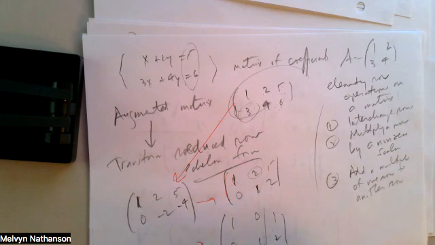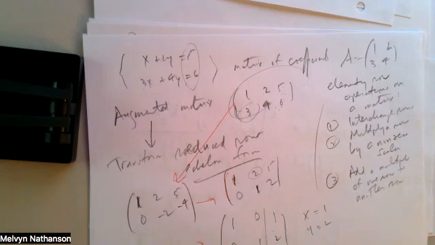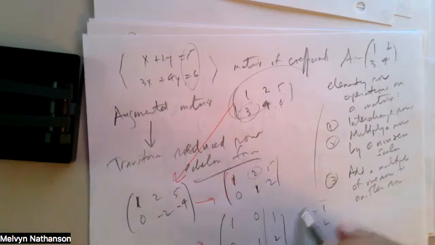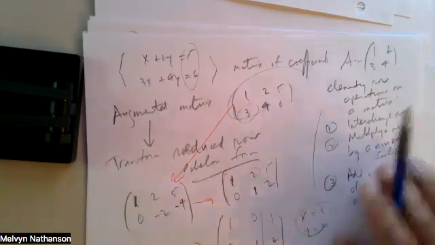Add minus 2 times the second row to the first row. So according to this, this is the system of equations: x equals 1, y equals 2. But that is definitely not right. Because if I plug these values into the initial system of equations, it solves the first equation, but not the second. So I have to find out where I made a mistake.